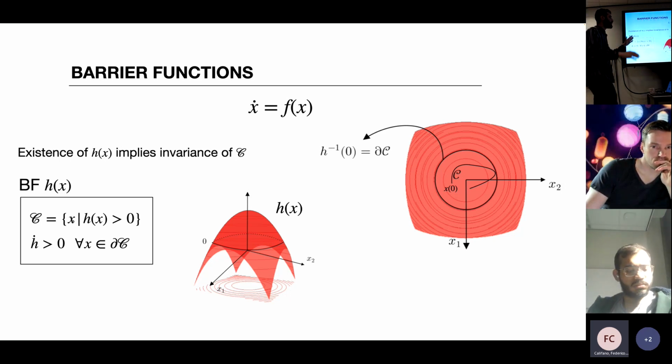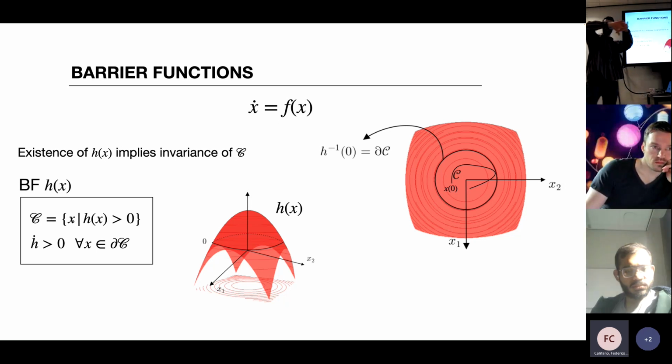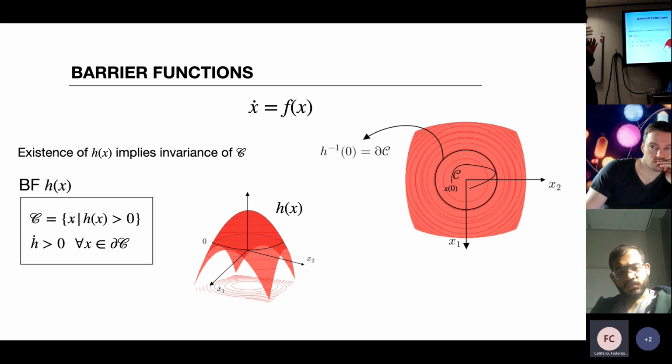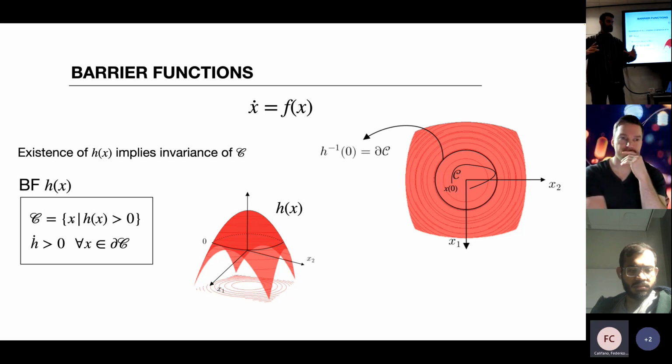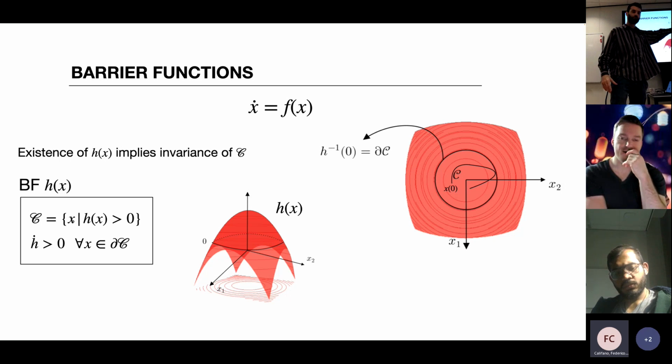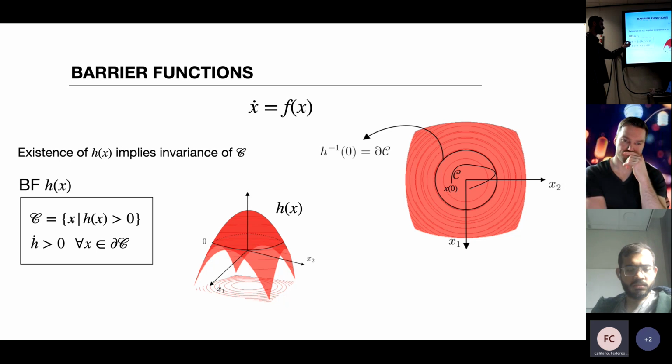Let's have a system x dot equals f of x, and let's build a barrier function h of x, which I represent like a paraboloid, but the other way around with respect to a Lyapunov function, built in such a way that I encode the set C as the superlevel set of this function. That is, C is defined as all the x's such that h of x is greater than 0.